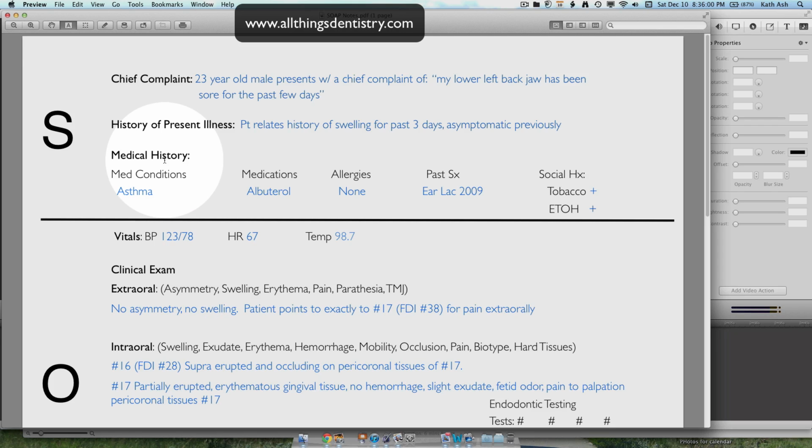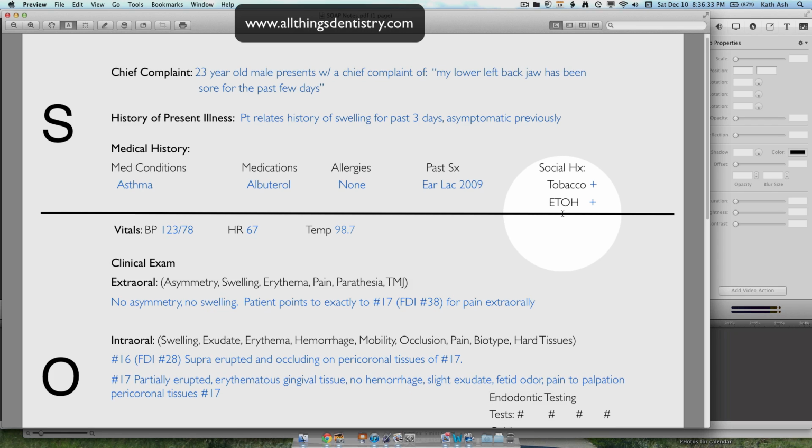Medical history is in here under subjective until you can get a definite list of medications from a primary health care provider. Up until this point, it's subjective, as to what they tell you. In this case, this young man had asthma, used albuterol, no allergies, past surgical history of an ear laceration in 2009, tobacco positive, and a social drinker, positive for alcohol.